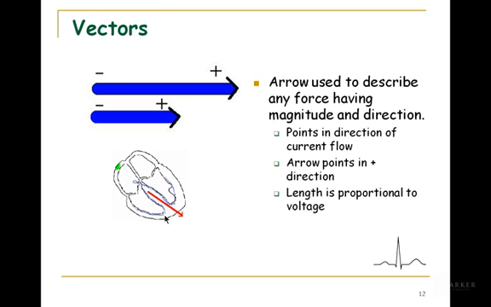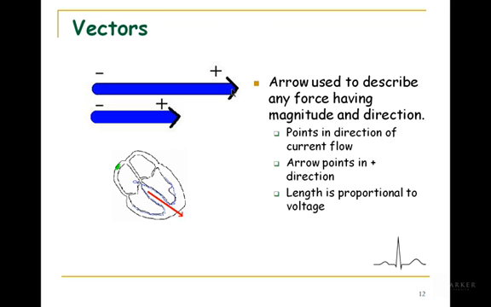Vectors give you information about direction and about magnitude. When we do a vector, the pointy end of the vector is always the positive end of the vector. This part is the negative end of the vector. The length of the vector that I draw will give you information about magnitude: how much electrical activity is involved.